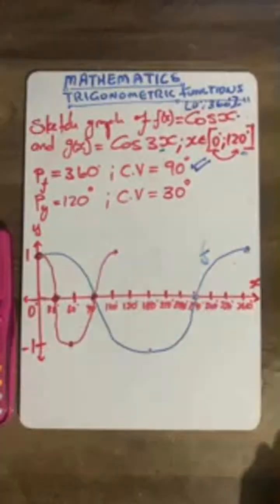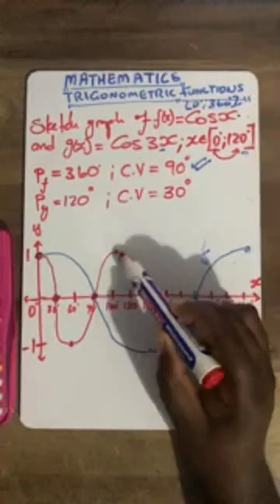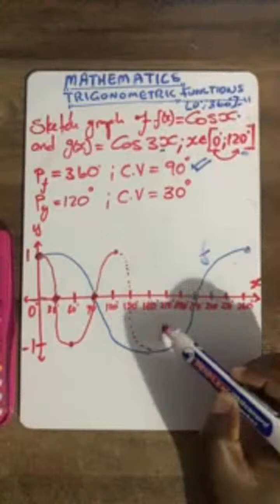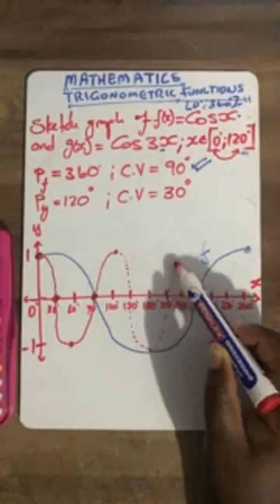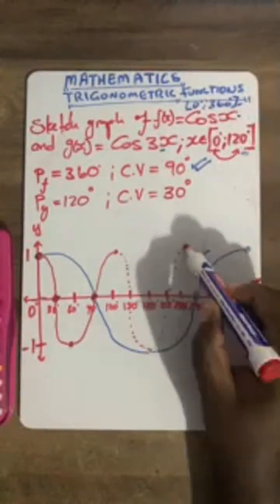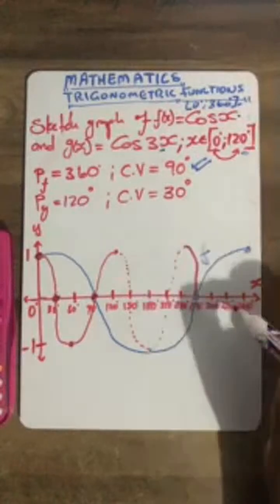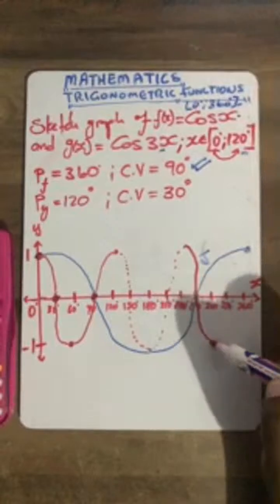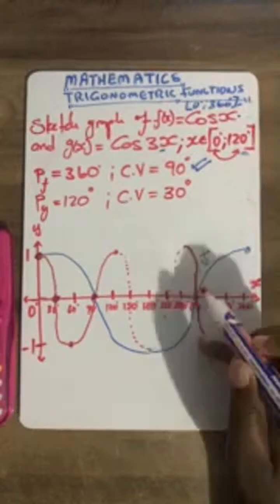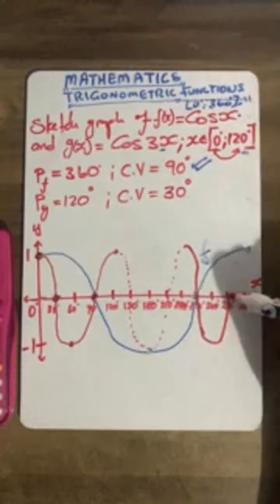Trust me, honorable members, if you continue with this one, you might find that you have this type of a shape, and then it continues like that and ends there.